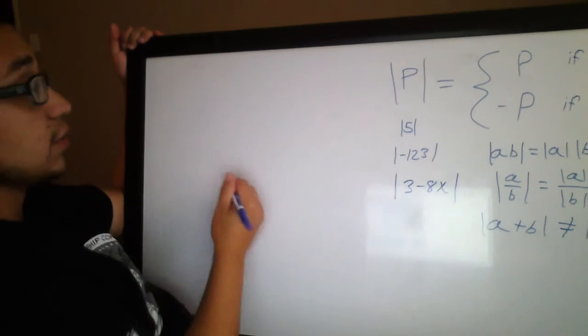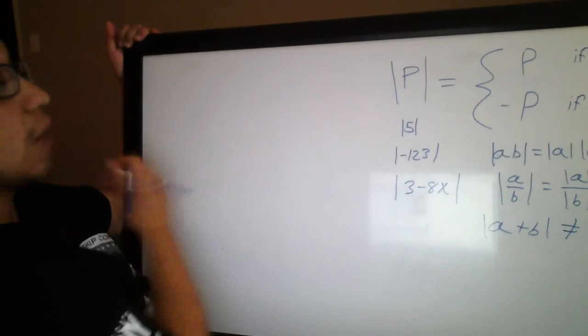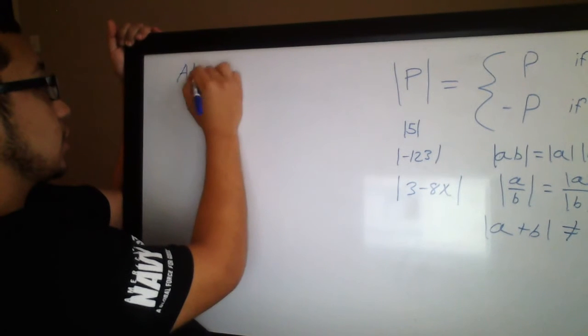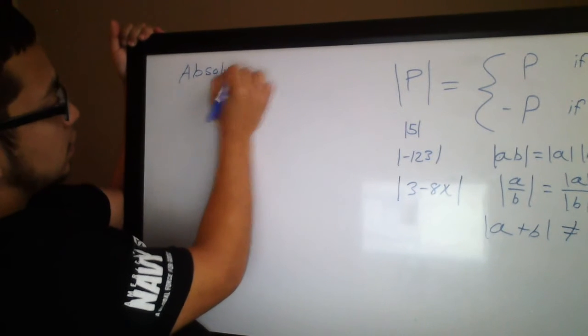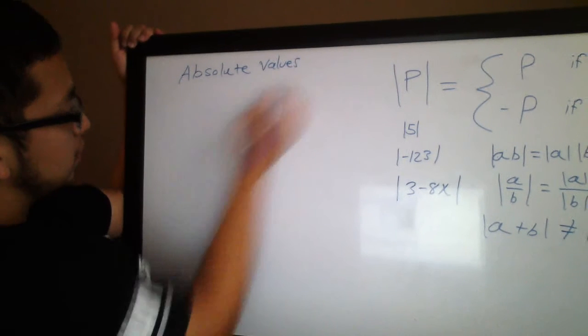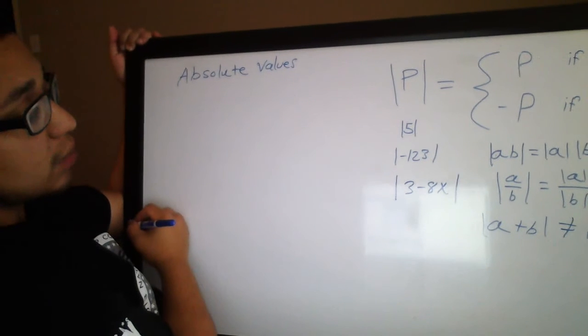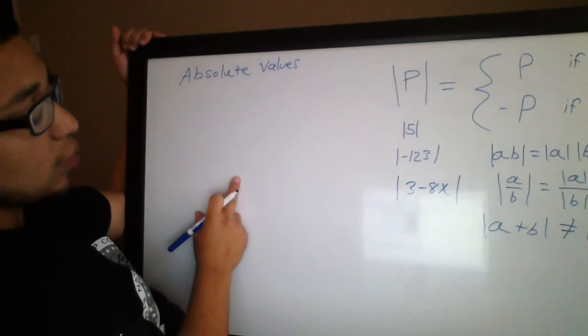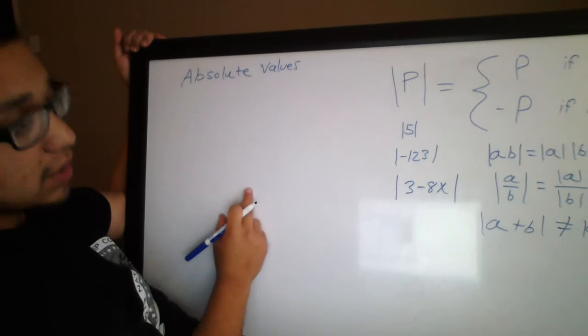Okay, honey, so the next thing for us to learn is called absolute values. Basically, absolute value ensures that a quantity is always going to be positive.